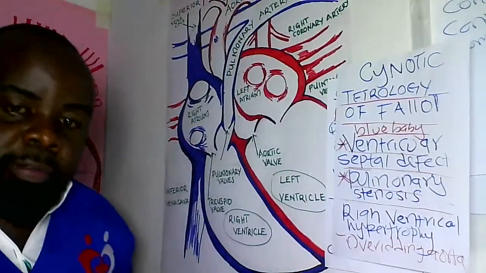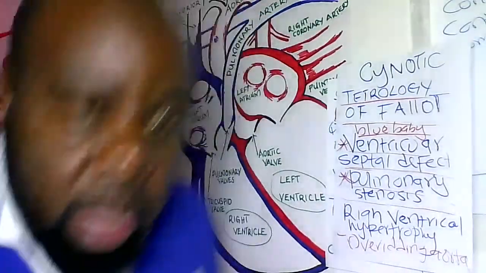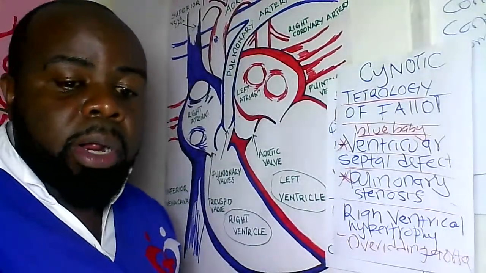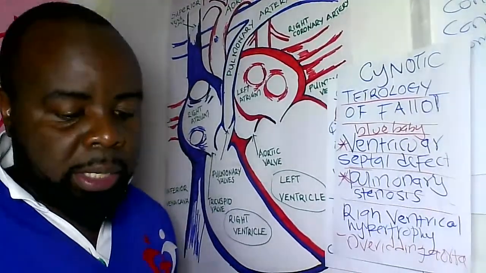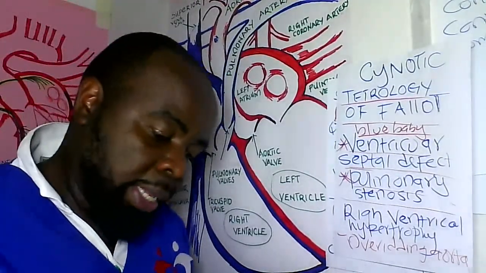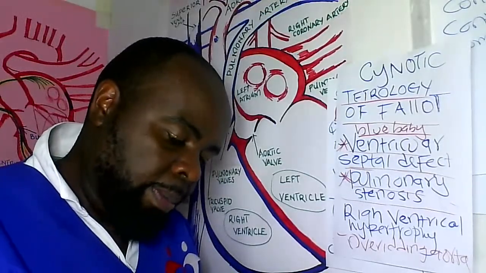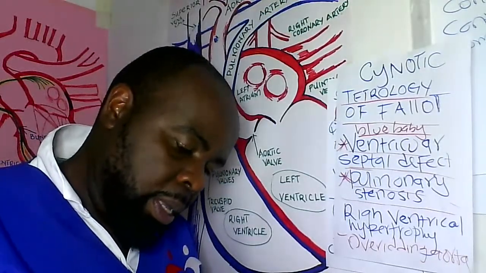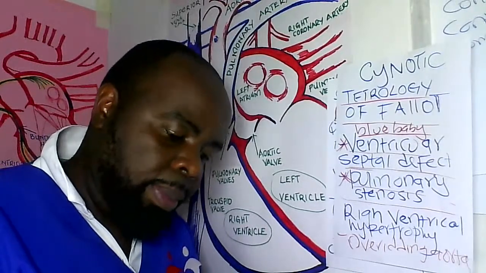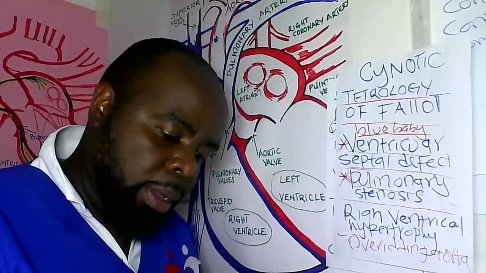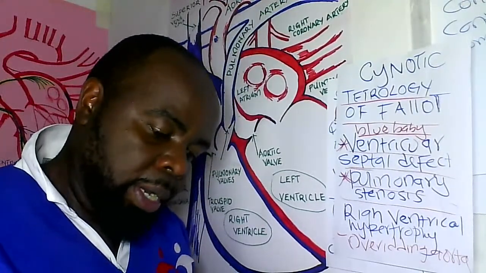So the classification of heart diseases that people are born with are two types. We have classified them as cyanotic and acyanotic.